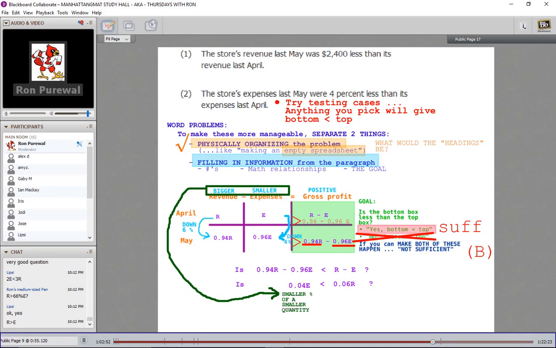And this is a bigger percentage of something that is already bigger. So that's definitely going to be true. That's another way of realizing that's always going to happen.